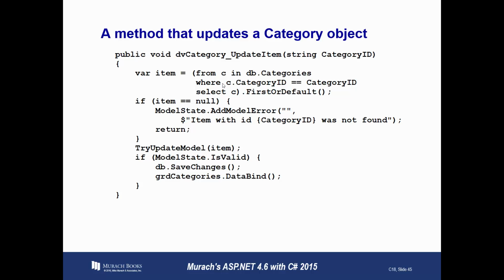So it's C dot, the category. Both the update and delete methods are defined with a parameter that will receive a key value. So in other words, you're saying what you want to update or what you want to delete.